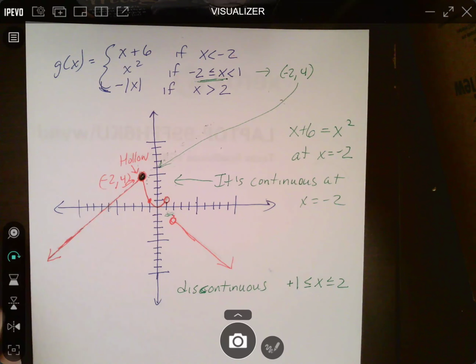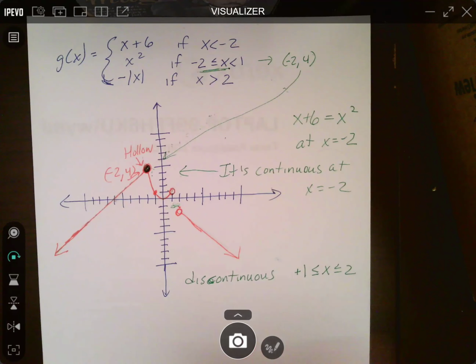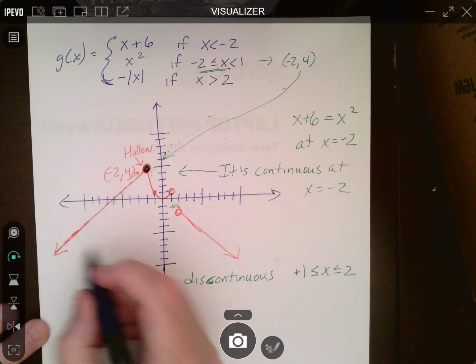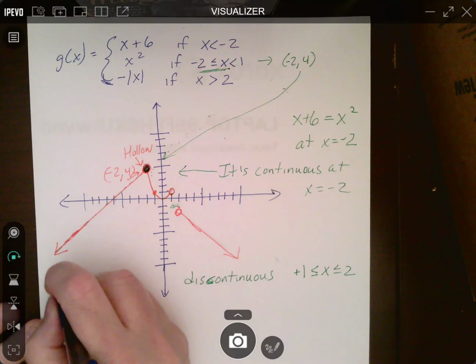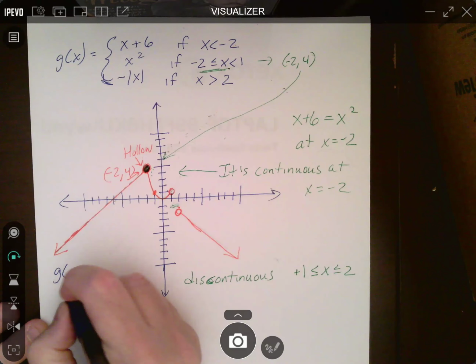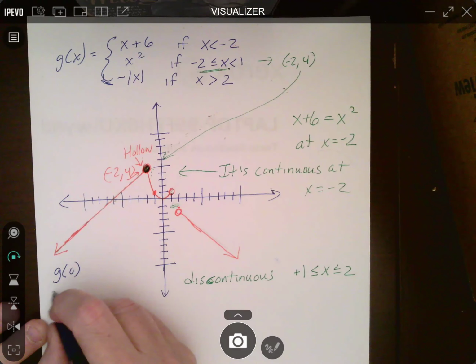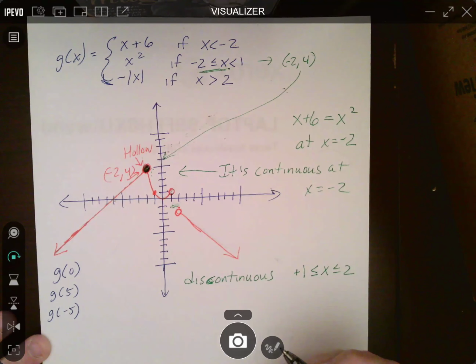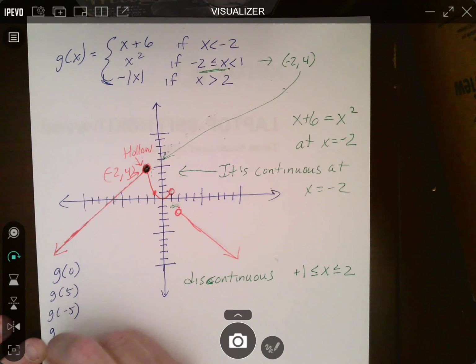Other things we can do with this function, we can do evaluating. So let's take a look at doing some evaluations. Let's do g of 0, g of 5, g of -5, and we'll look at g of 1.